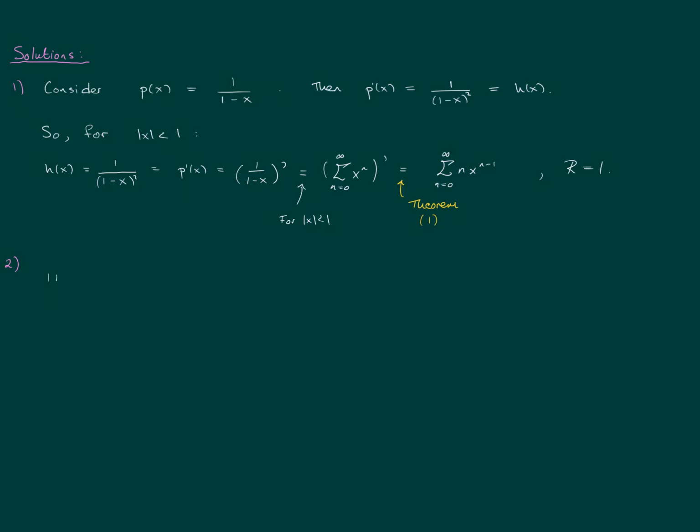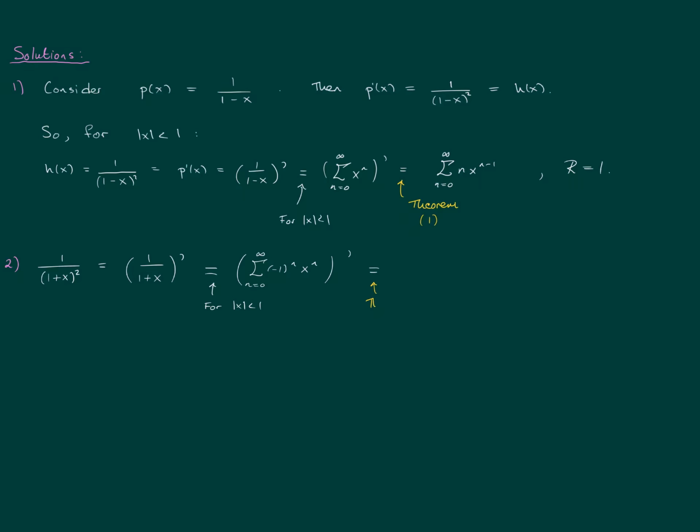Second example. In the exact same vein, 1 over (1 plus x) squared is equal to the derivative of 1 over 1 plus x, for absolute value of x less than 1, which is the derivative of the sum of (-1)^n x^n from n equals 0 to infinity. And how do we take its derivative?